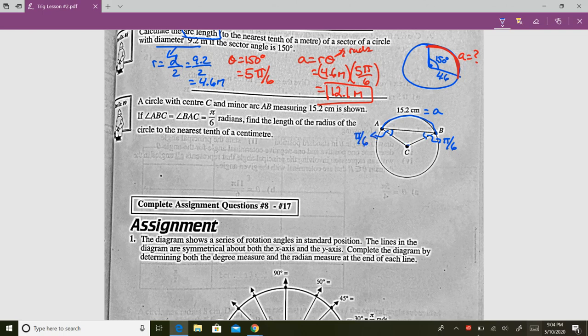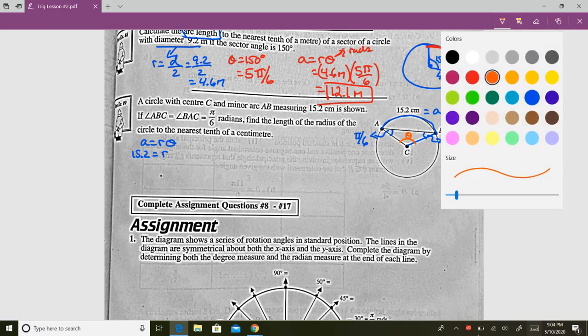So they want us to find the radius here. Okay. A is equal to r theta. I know A, 15.2. I'm trying to find r. Now theta is actually this middle angle. This is theta. But I know these are pi over 6.